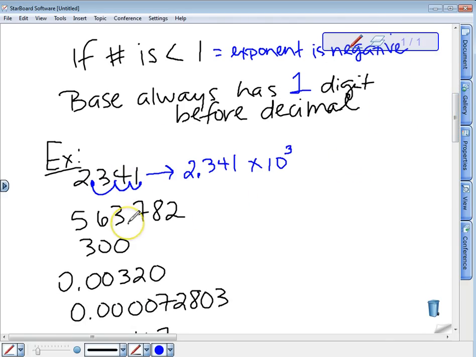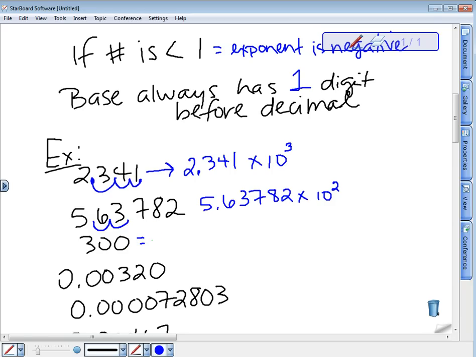Same thing here. I want to move my decimal so it's just behind the very first number. 1, 2 places. So 5.6378 times 10 is positive, and I moved it 2 places, so it's going to be positive 2.